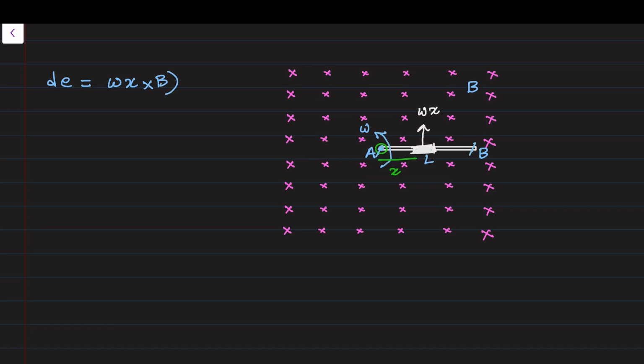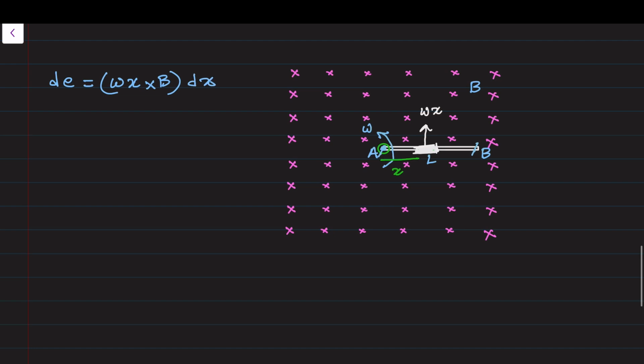So V cross B is omega x into B. Now this omega x cross B is parallel to dx. Parallel or anti-parallel direction we are not seeing this way, we will see later on. Omega x cross B will be along the length of the rod, along the length of the element.